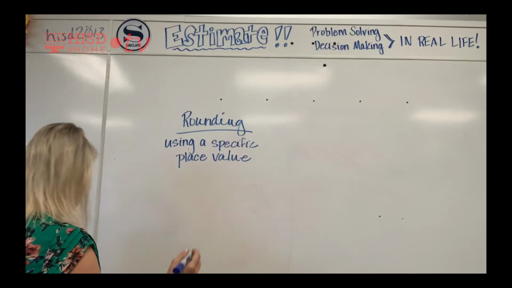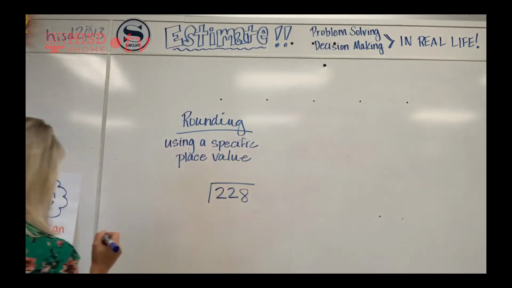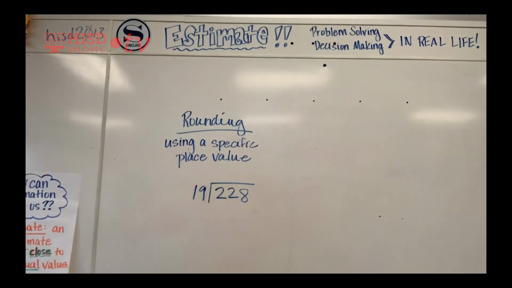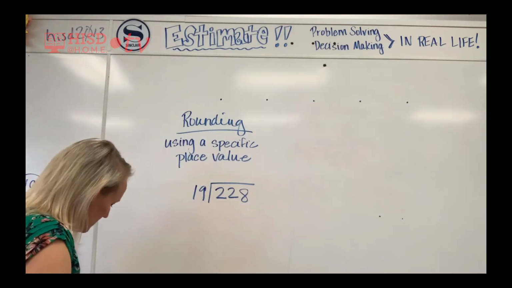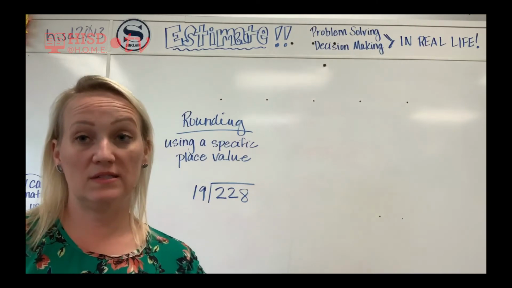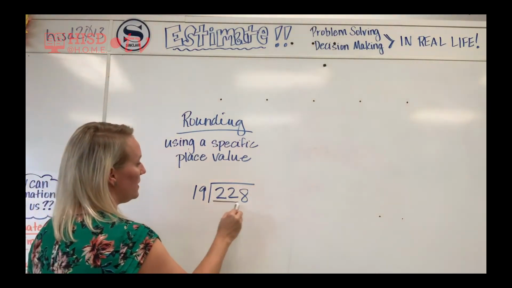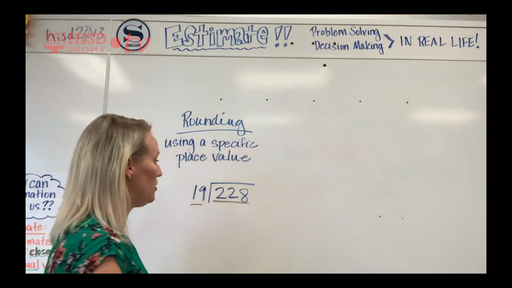Let's do 228 divided by 19. Okay, so take a look at that. We want to divide 228 divided by 19. But I do not want the exact number because today we are estimating. So I'm going to estimate both of these numbers into something that's easier and faster for me to use.